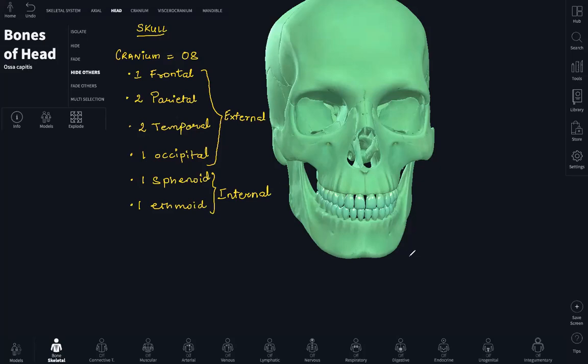As far as the cranium is concerned, it serves to protect the brain, and therefore it is also called the brain box. Are you getting this? Yes, sir. So one part of the skull is the cranium, consisting of 8 bones. The other part of the skull is the facial bones. I'll write it on the other side here now.